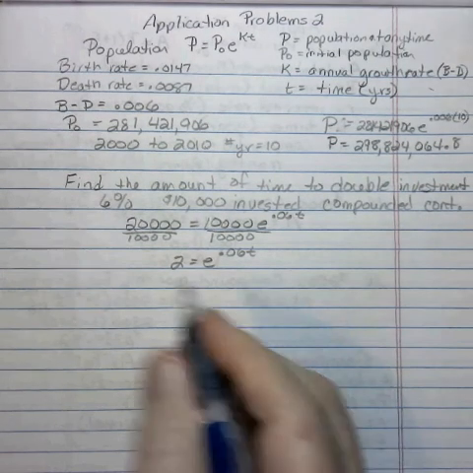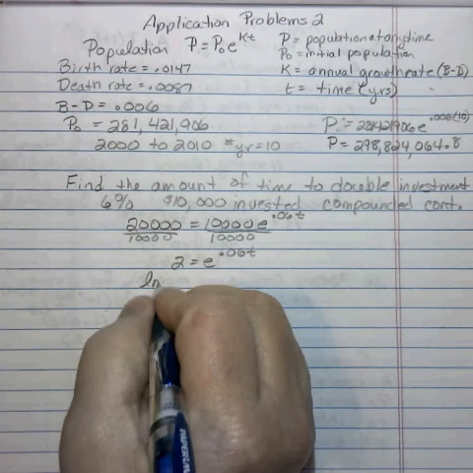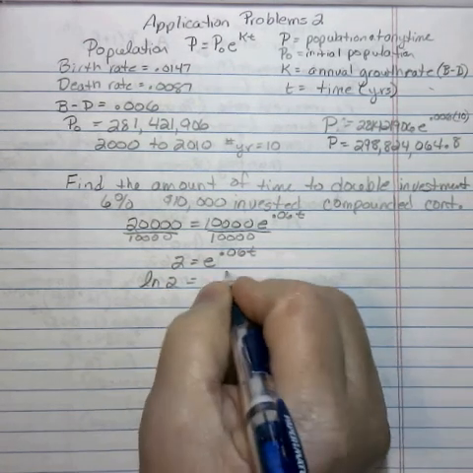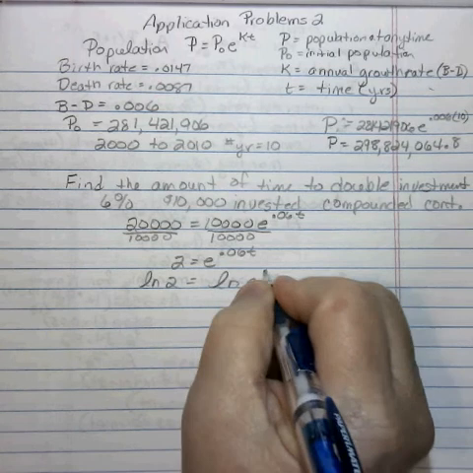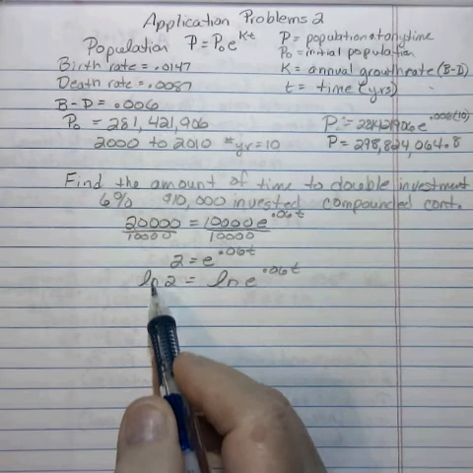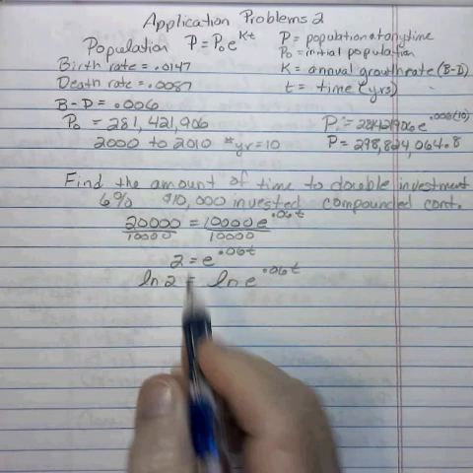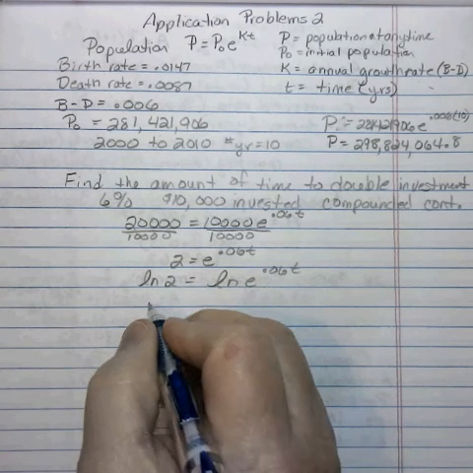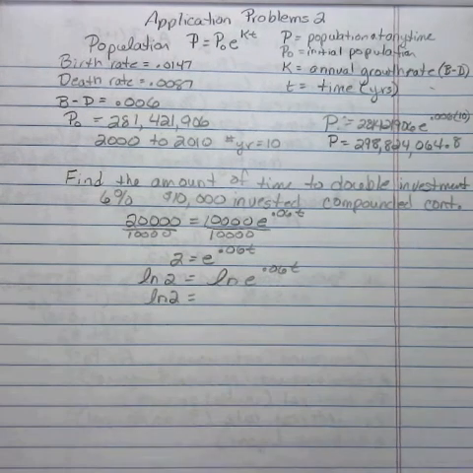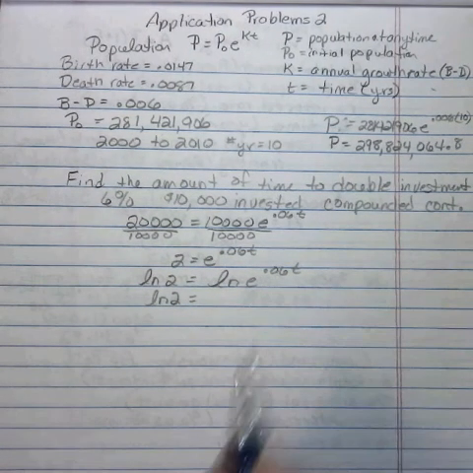So we are going to apply natural log, since this is base E, to both sides of this equation. Now, when we do that, we're going to get a numerical value on the left side. And for accuracy's sake, I'm not going to find that numerical value yet. I'm just going to continue with natural log of 2.